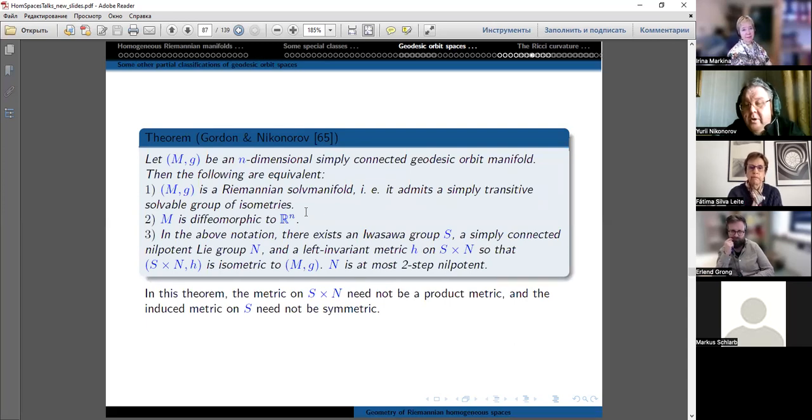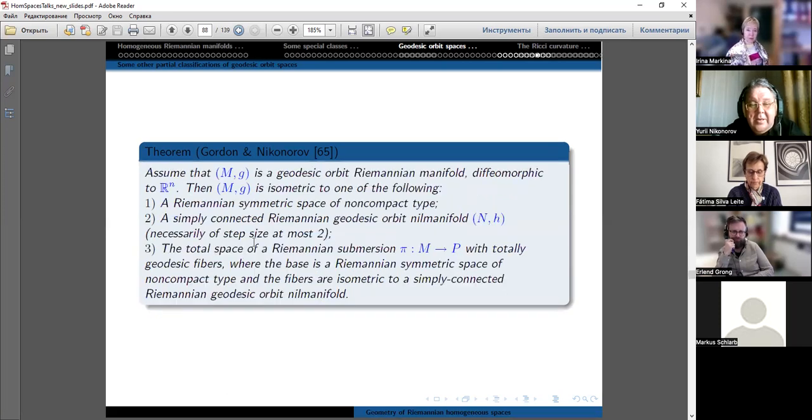All geodesic orbit spaces diffeomorphic to R^n, Euclidean spaces. Okay. Yes, and another result from the same paper: assume that (M, g) is a geodesic orbit manifold diffeomorphic to Euclidean space. Then (M, g) is isometric to one of the following. The first type, a Riemannian symmetric space of non-compact type.